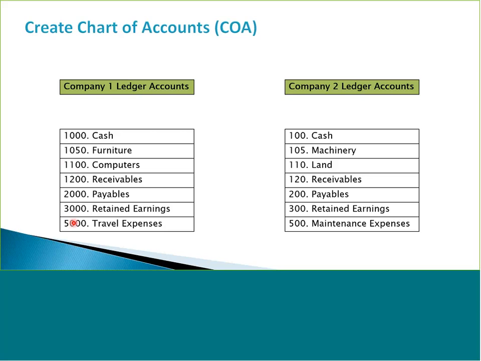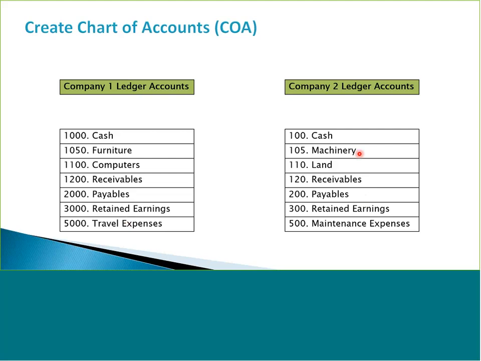So if you look at this company, you may expect that some of the assets that it has are computers. Some of the assets that it has include furniture, and perhaps it pays for its employees to travel around, and this is something that it believes it needs to capture in journals and to record.